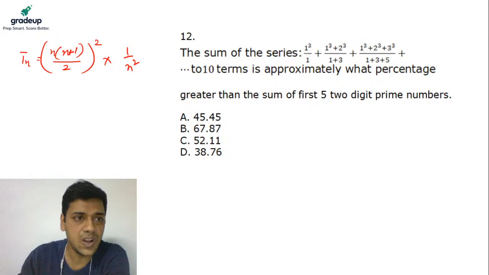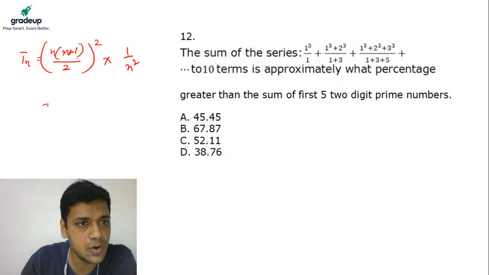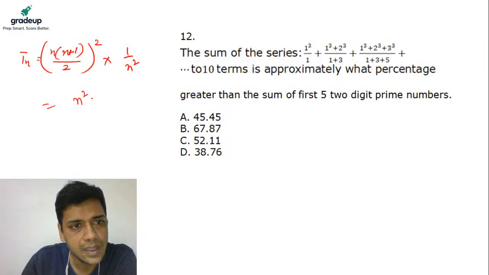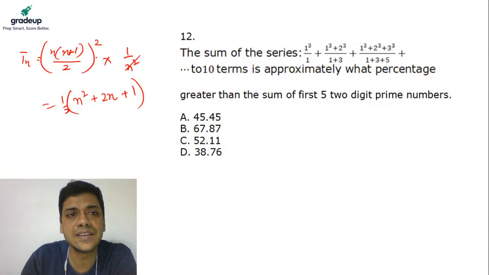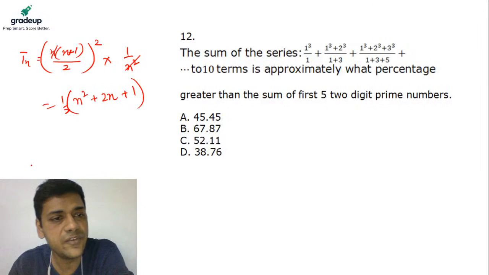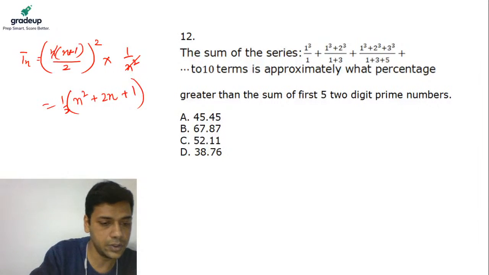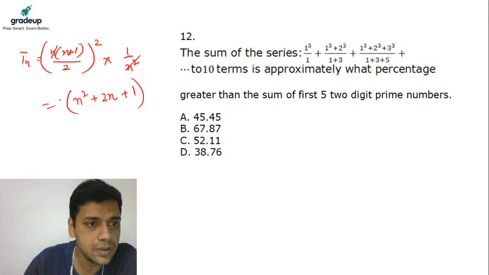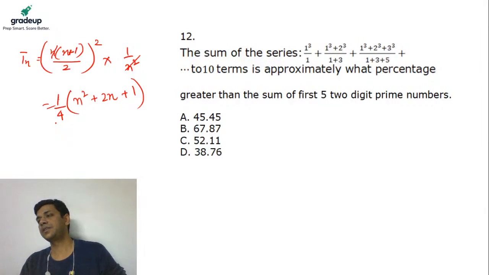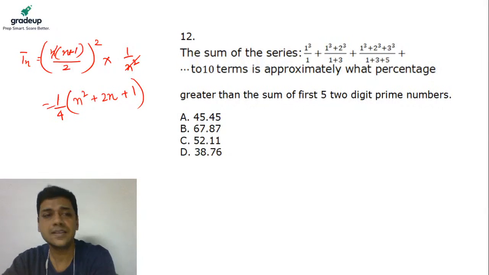Okay, so if we solve it, our nth term will come out to be n square plus 2n plus 1 into 1 by 2. So n square and n square will get cancelled out, and you are left with 1 by 4 times n plus 1 whole square. Yes?